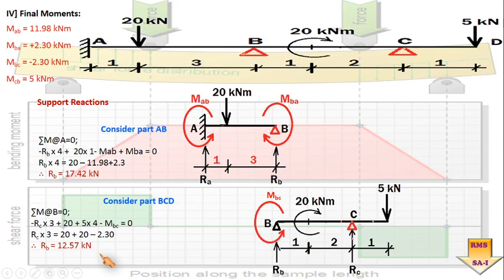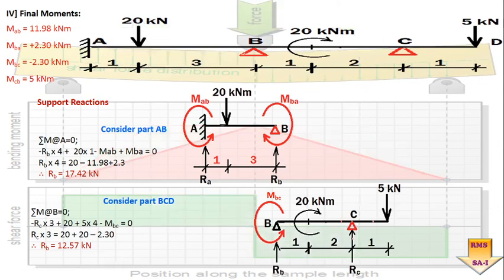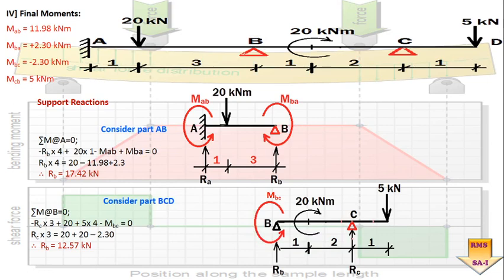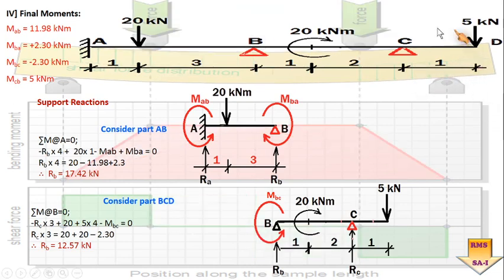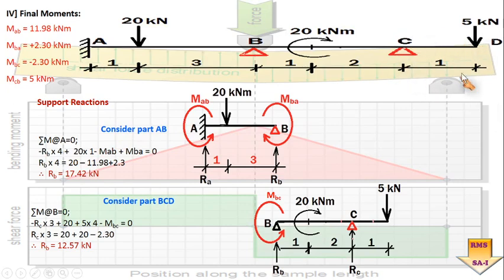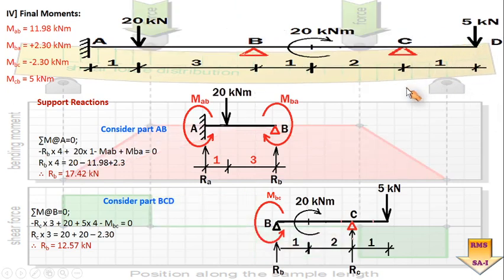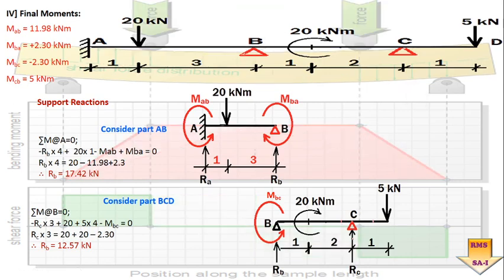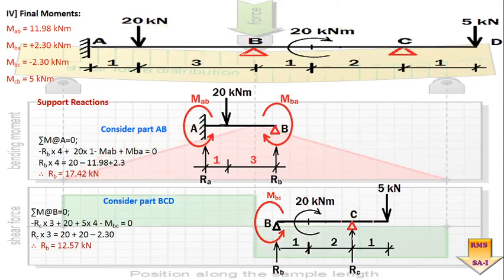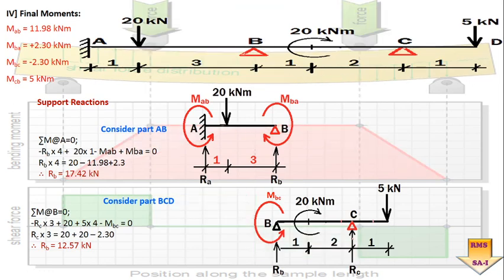So this is how we have found out all the unknowns present in this particular continuous beam, and we have also taken into account the overhanging part of this continuous beam. So this is the solution, and after getting the values of the reactions, we know the rest of the part is simple: to plot a shear force diagram.